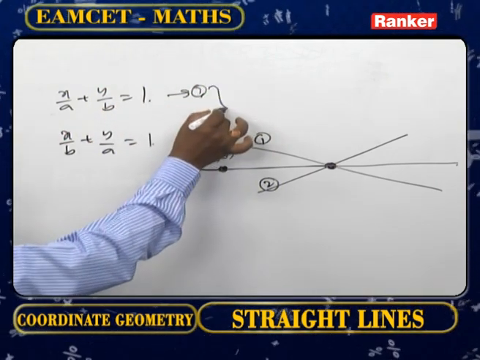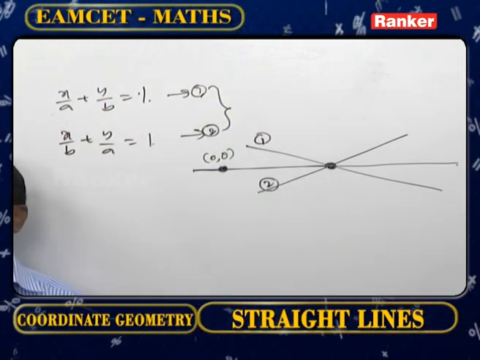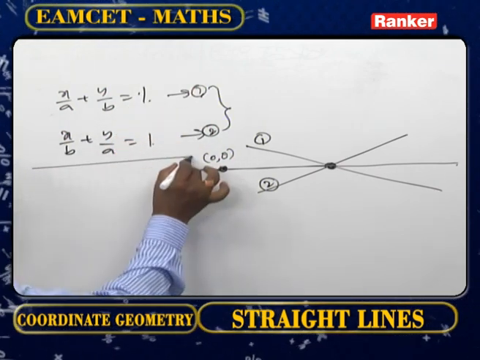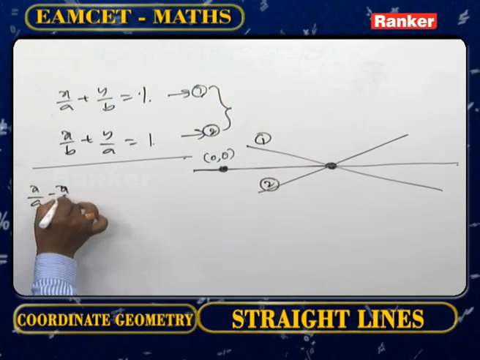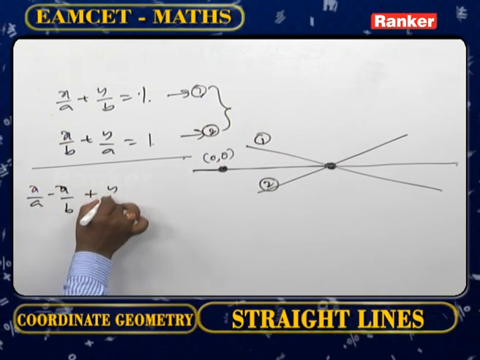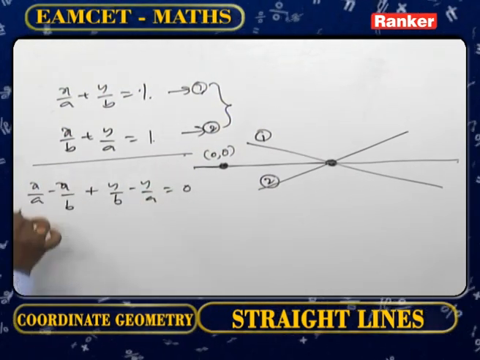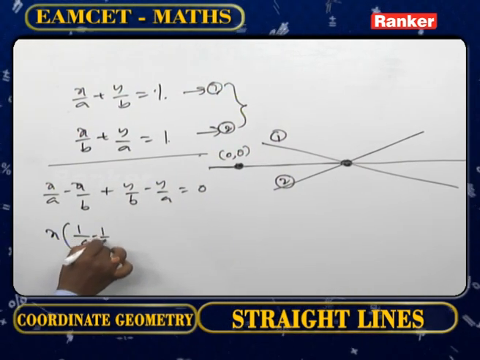Now, using 1 and 2, just to eliminate the constant, we get the required equation of the line. From the first equation subtract the second equation: x/a - x/b + y/b - y/a = 0. In the first two terms, x is common: x(1/a - 1/b).